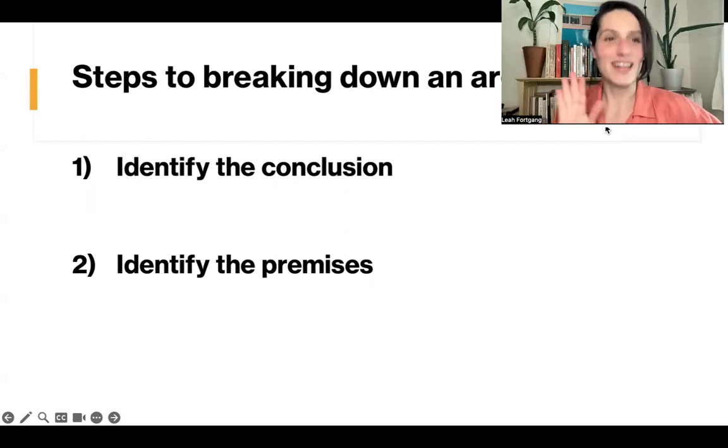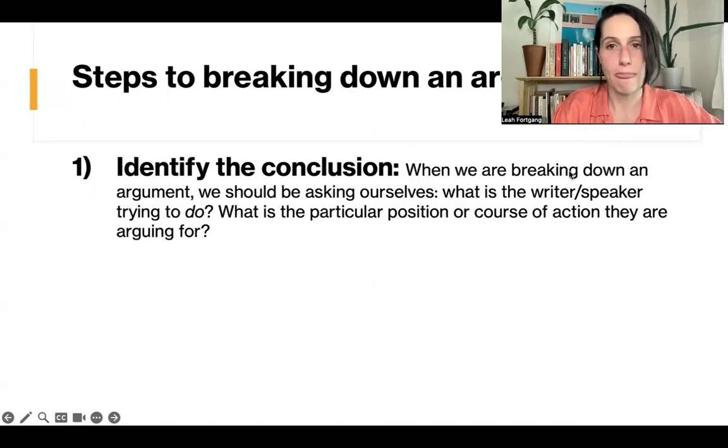So, running through it again, the steps to breaking down an argument. The first thing we want to do is identify the conclusion, the take-home message, the main point that the person is trying to make. And then from there, we identify the premises or reasons that the person gives us to believe that the conclusion of the argument is true, that we should buy the take-home message they're trying to send us.